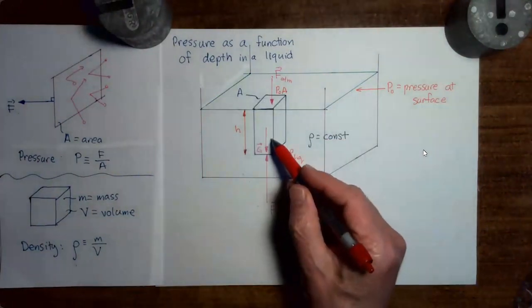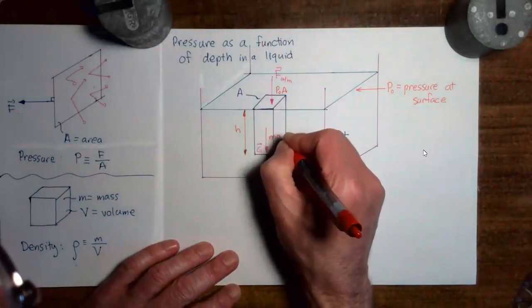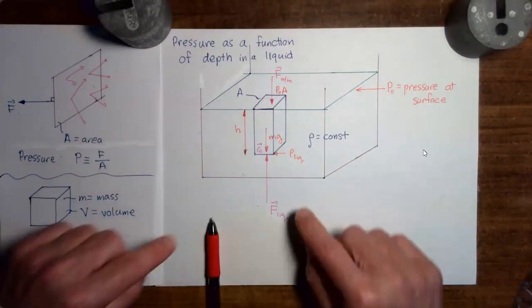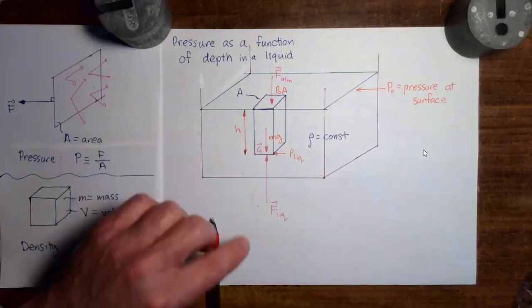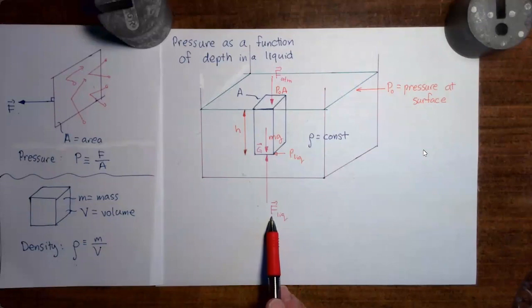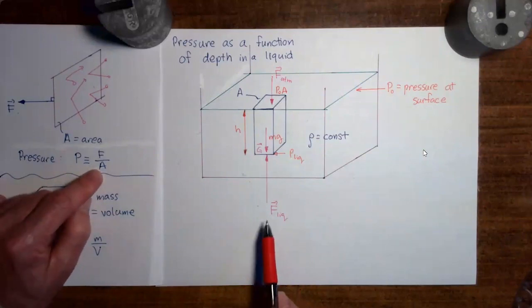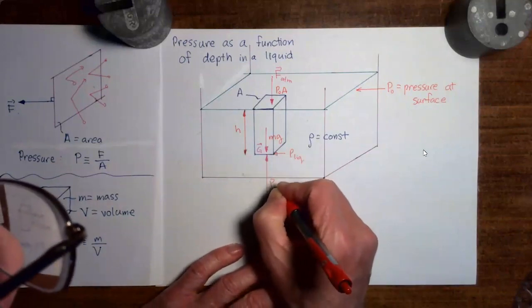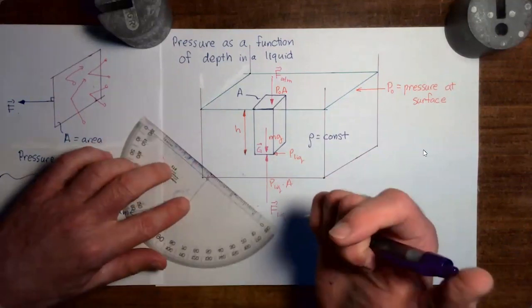The magnitude of the gravitational force, we will say as usual, is the mass of the liquid column times little g. And then we have this force here. This is the force of the liquid just below the column, pushing up on the bottom of the column. This force also arises from a pressure. So we will solve for force in this formula and write the magnitude of this force as P liquid times the area.